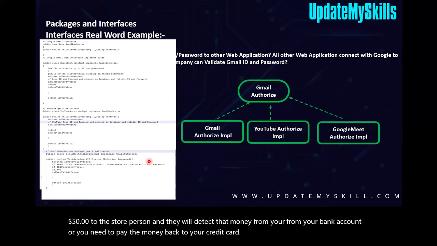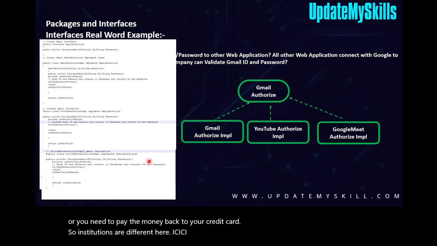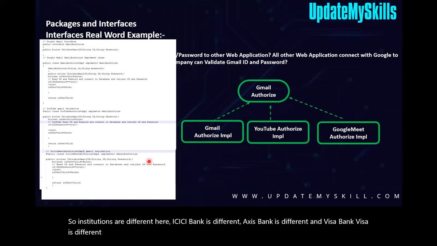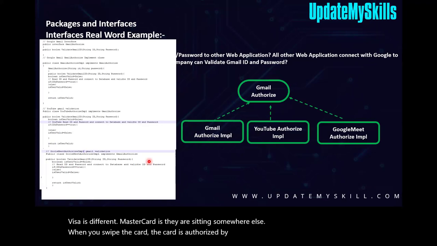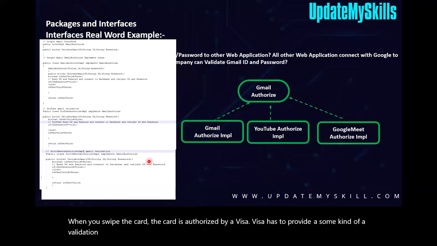So the institutions are different here. ICICI Bank is different, Axis Bank is different, and Visa and MasterCard are sitting somewhere else. When you swipe the card, that card is authorized by Visa. Visa has to provide some kind of validation mechanism for everyone. All the systems are interconnected here.